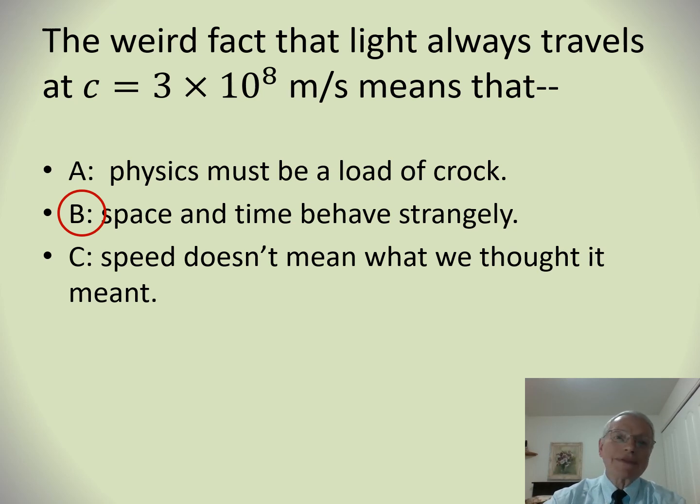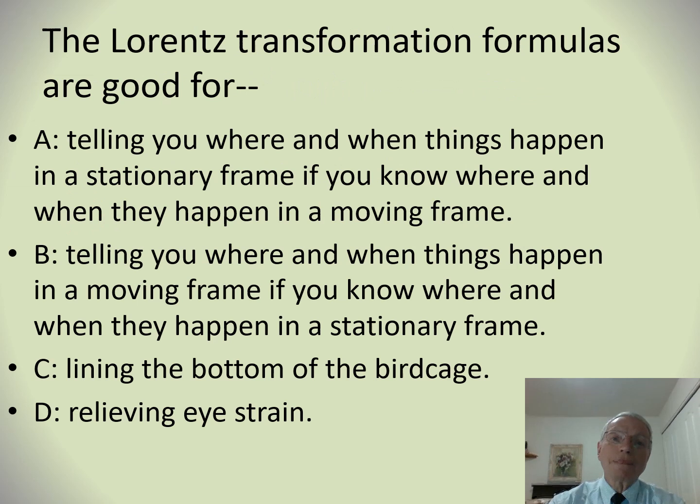You might think that it would mean that speed doesn't mean what we thought it meant either. You'll think that a little later, but the speed between two frames is the same. It's measured to be the same from both frames. The stationary frame sees the moving frame moving to the right. The moving frame sees the stationary frame moving to the left. But they both agree on what that speed is. It's the same.